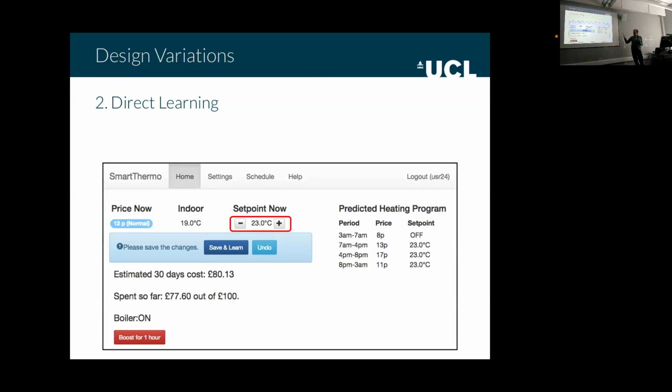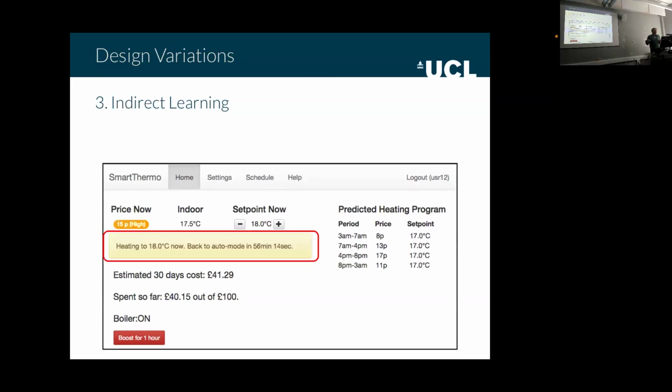But basically, we call this the direct learning option because this interface shows you really what the learning system is doing. So this means that after a while, to see a change, you will need to press the plus button a lot of times because you will see that the system is actually ignoring you for a lot of the time. In contrast, the indirect learning is more responsive, but only for a short time.